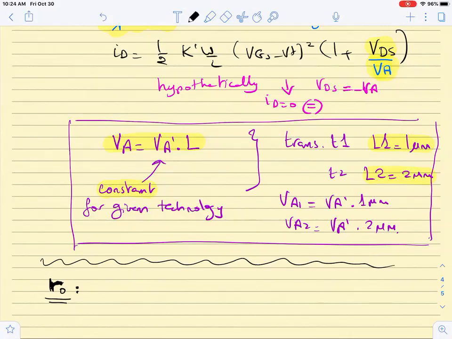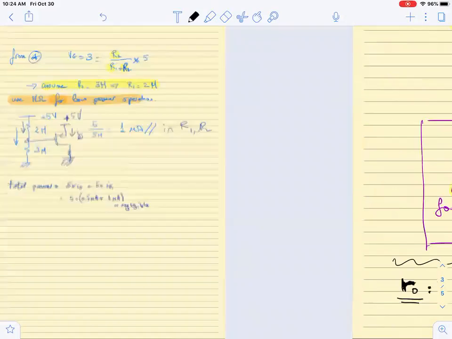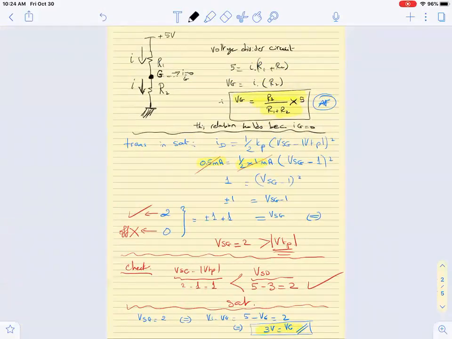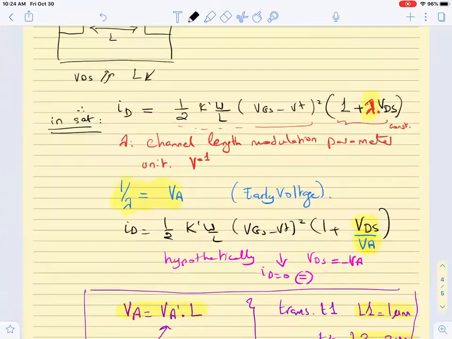Why? Because of lambda, now I have a slope in the saturation region, and the slope, meaning del ID by del VDS, is really going to be equal to what? What is the slope if I take the derivative here? Sorry. What is the slope?